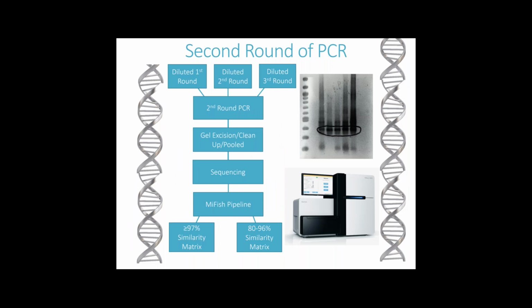We diluted those samples to conduct the second round PCR as part of the Miya et al. protocol, and incorporated the barcodes. We excised the gel bands, cleaned them up, pooled them, sequenced them, and ran them through the pipeline. Again, we get a greater than or equal to 97% similarity matrix, as well as an 80 to 96% similarity matrix. We focused on the greater than 97% in this study.